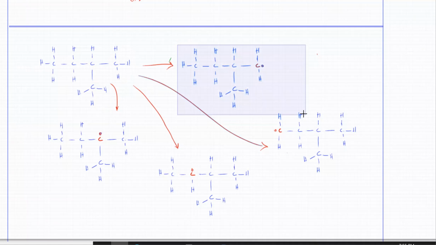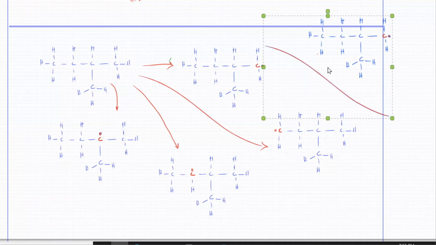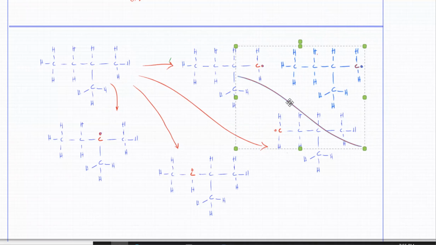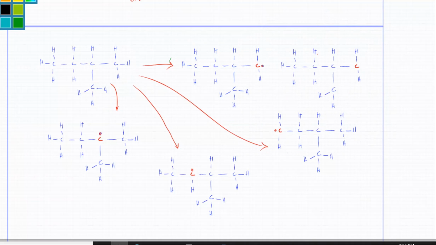What I can do is I can actually show this. Just a second. So if I had, instead of that, made this the free radical, and this was my normal carbon atom, these two are exactly the same.